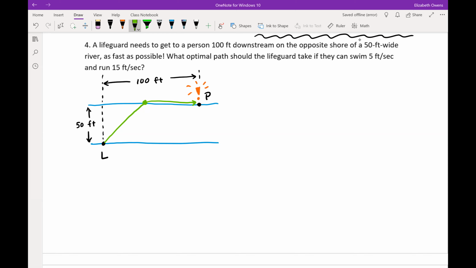In each one of those, the lifeguard needs to land somewhere on the opposite bank. It's either going to be right across from them, at the person, or somewhere in between. So let's set it up like this. Let's say the lifeguard is going to swim and then land somewhere that's X feet downstream, and then run the rest of the way.